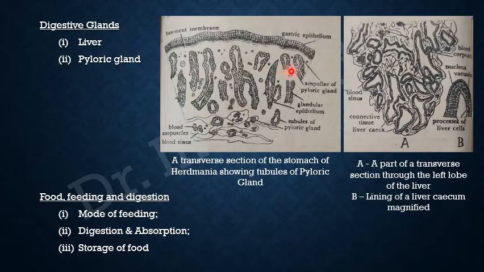Numerous ducts arise from these tubules and join together to open into the middle part of the proximal limb of intestine by a single small aperture. As you can see, all these tubules branch and end up in one big tubule which opens in the proximal part of the intestine.